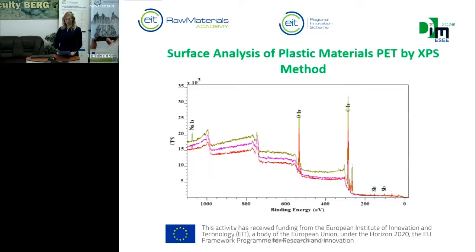The cleavage of the polymer chain into smaller oligomers is indicated by the percentage drop in the single bond carbon-oxygen and carbon-carbon. In this picture you can see that on the surface of the sample we see the element sodium, which was incorporated into the surface of the polyethylene terephthalate.